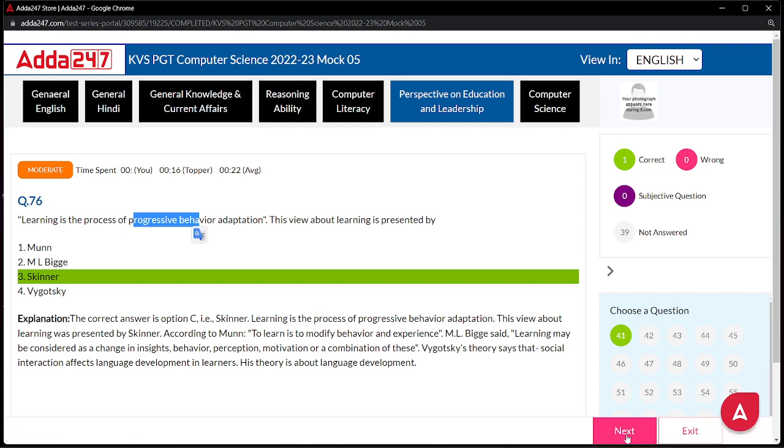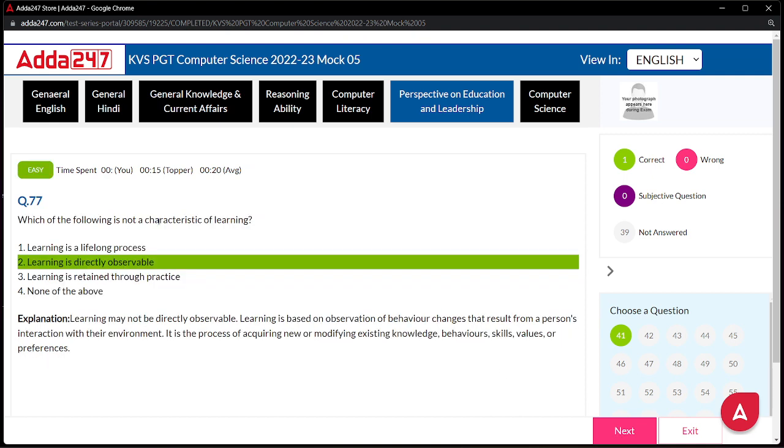Okay, next question. Which of the following is not a characteristic of learning? Learning is a lifelong process, okay? And learning is retained through practice, but learning is directly observable, that is an incorrect statement.